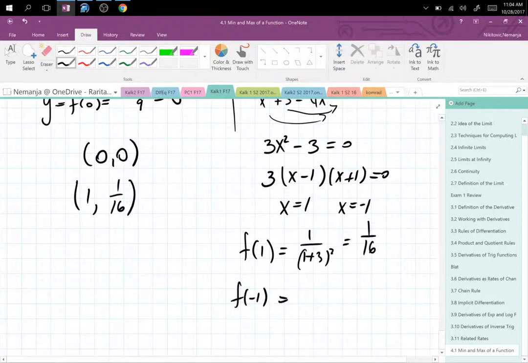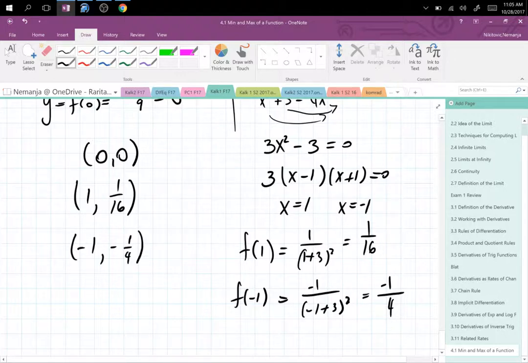Negative 1. So negative 1 over negative 1 plus 3 squared is negative 1 over 4. So negative 1, negative quarter. We have 3 critical points just by solving the equation.